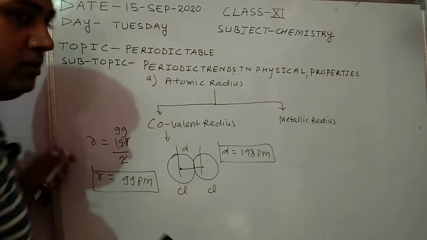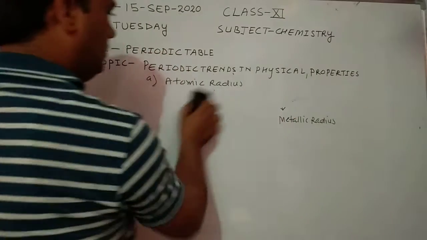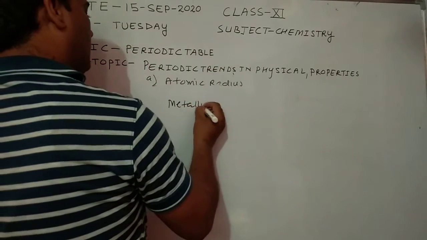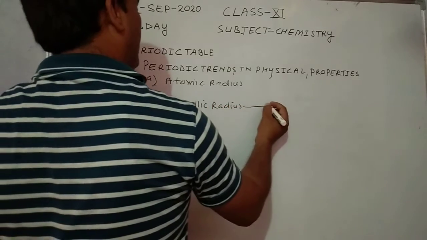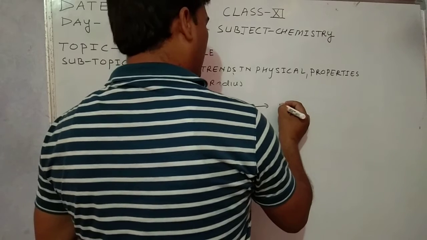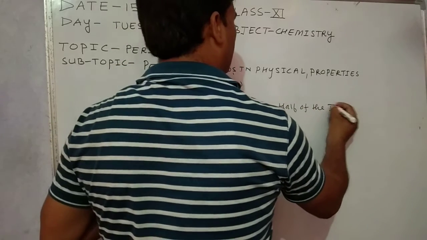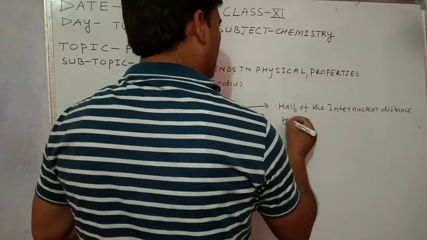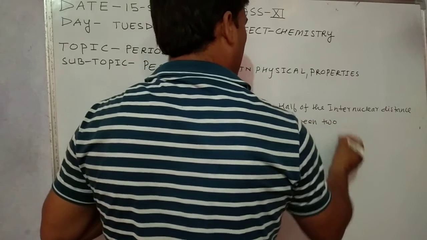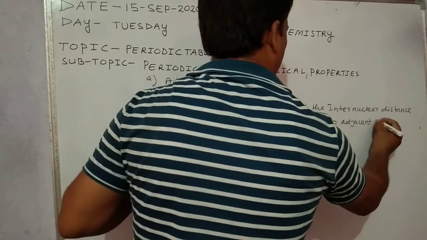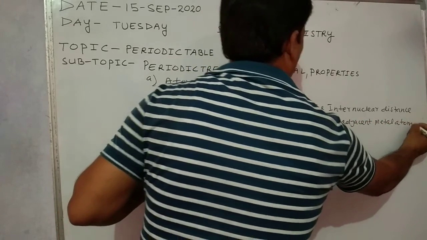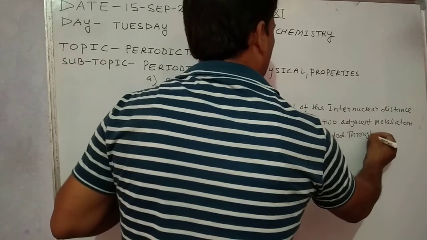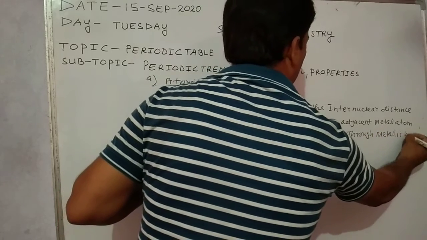Next one is metallic radius. Metallic radius may be defined as half of the internuclear distance between two adjacent metal atoms which are bonded through a metallic bond.